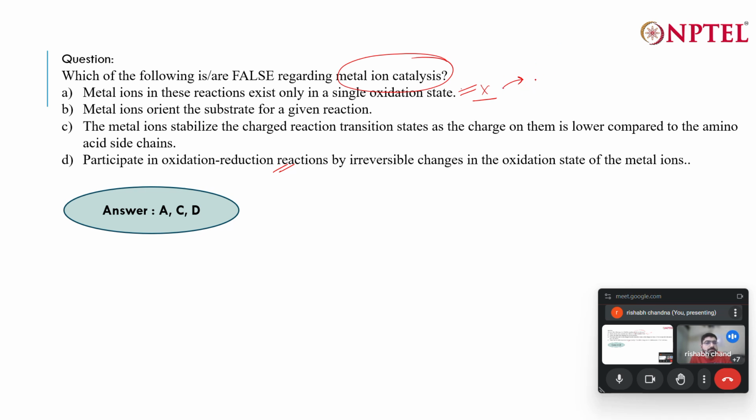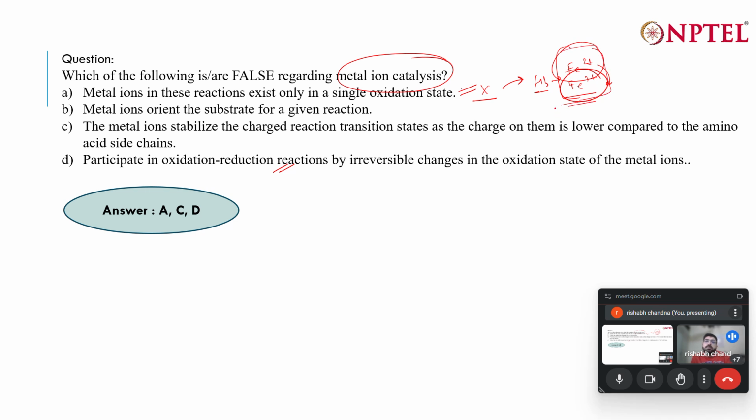For example, hemoglobin has iron in Fe2+ and Fe3+ states. Fe2+ helps in binding of oxygen, and when it binds, it snatches the electron and converts into the Fe3+ state. So both oxidation states are present in the metal ions.